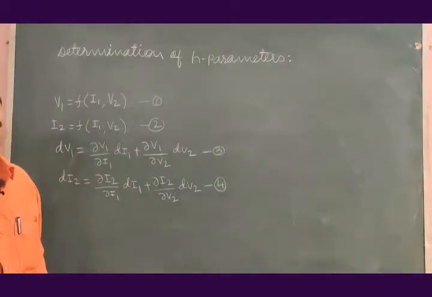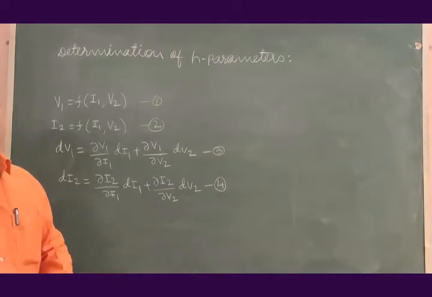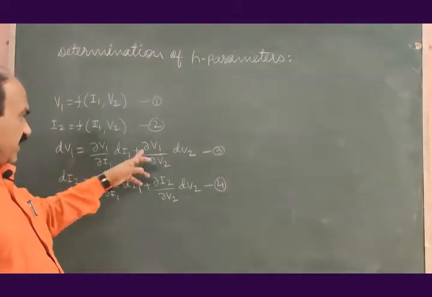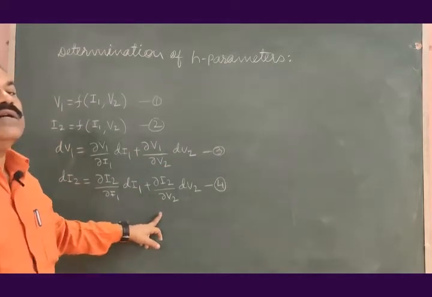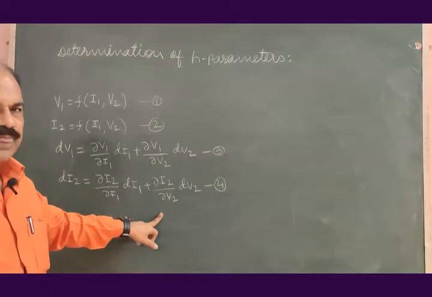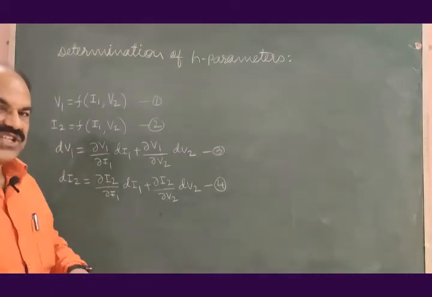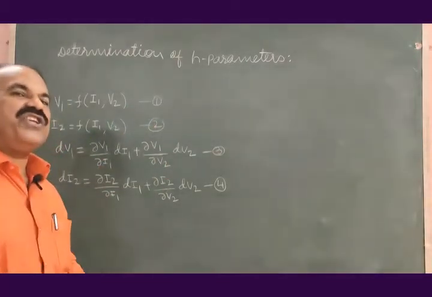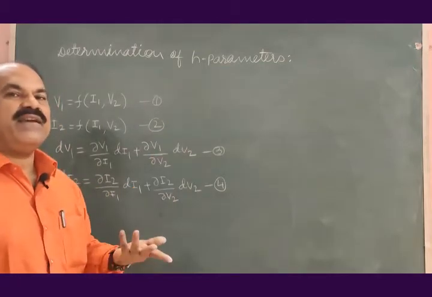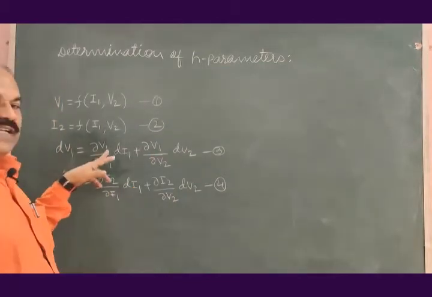We shall call these constants as parameters. When the partial differentials are slopes of some characteristics of a transistor, and the working of the transistor is restricted in the linear region, slope at any point will be same. So it will be constant.